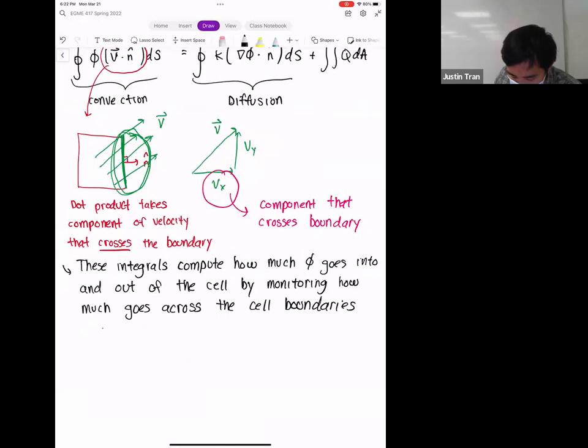Another term for these integrals, and I'm not going to keep calling them boundary integrals where stuff crosses over because that's a mouthful, is flux integrals.